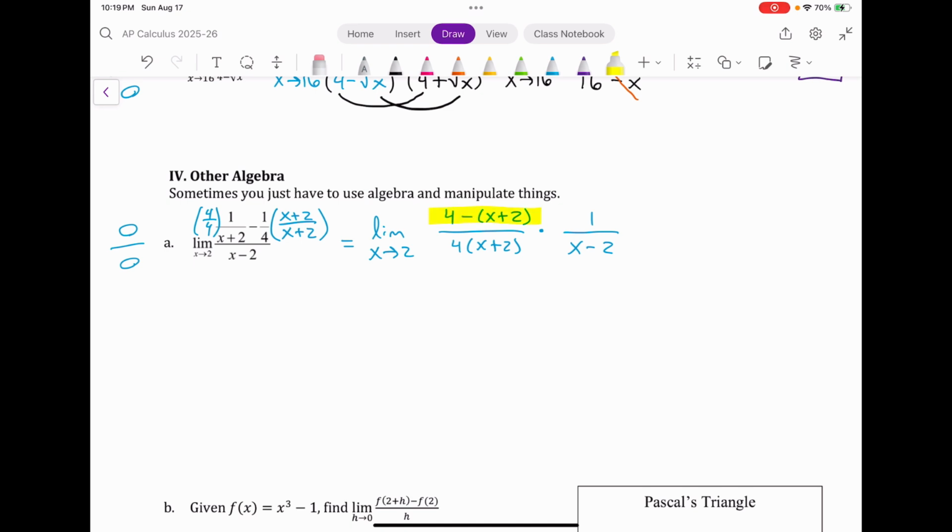We're going to simplify this line right here. So don't forget the limit notation. Limit as x approaches 2 for negative x plus 2 over 4 times x plus 2. Okay, so in order to get the x plus 2 factor to divide out, we're going to need to factor out a negative out of the numerator.